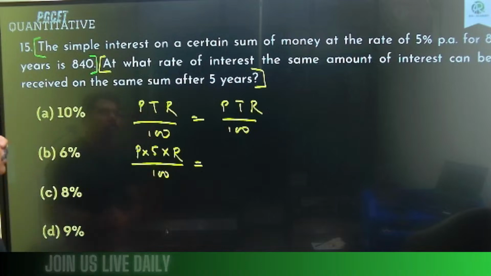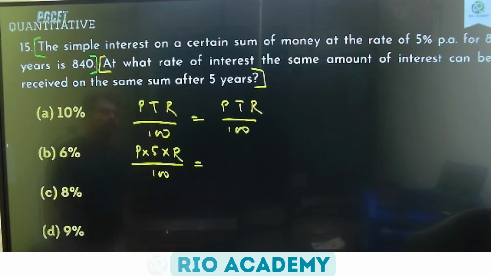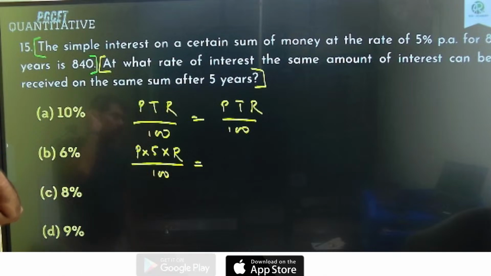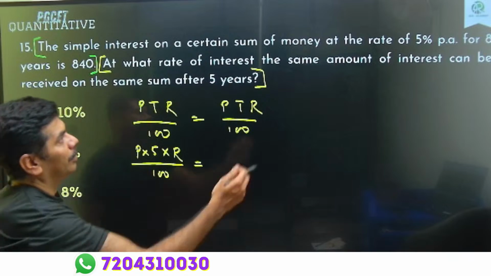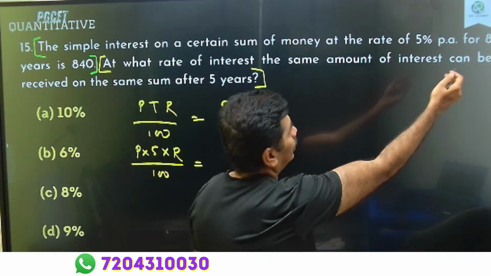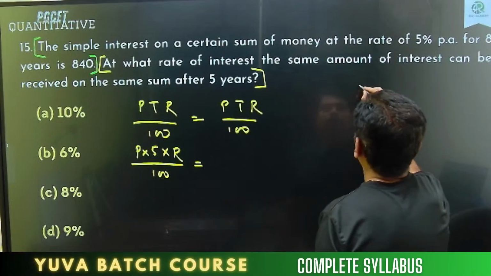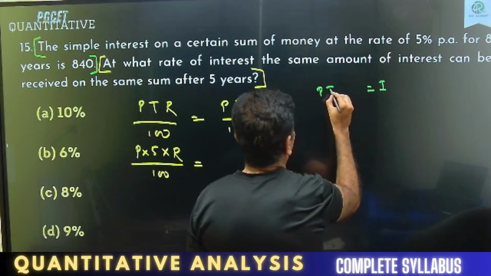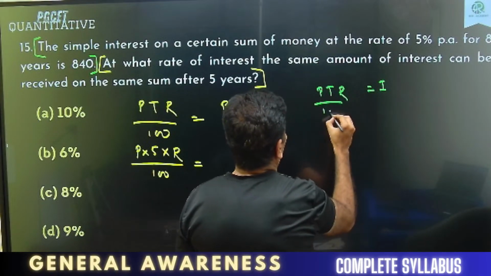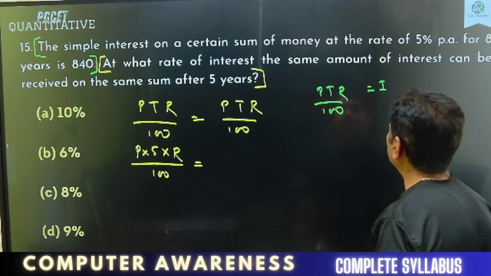So this is PTR upon 100, the simple interest on the certain sum of money at 5% for 8 years. So here 5%, 8. So here interest is equal to PTR by 100.